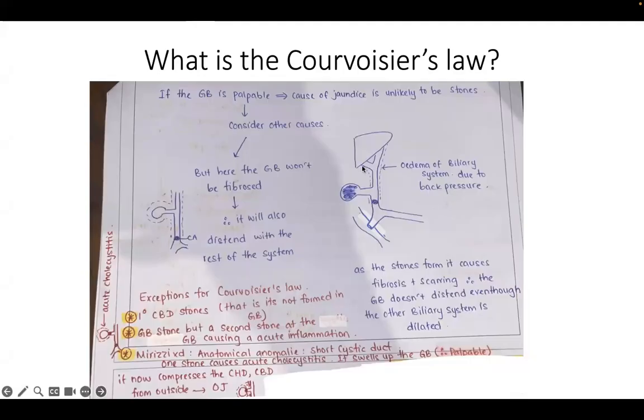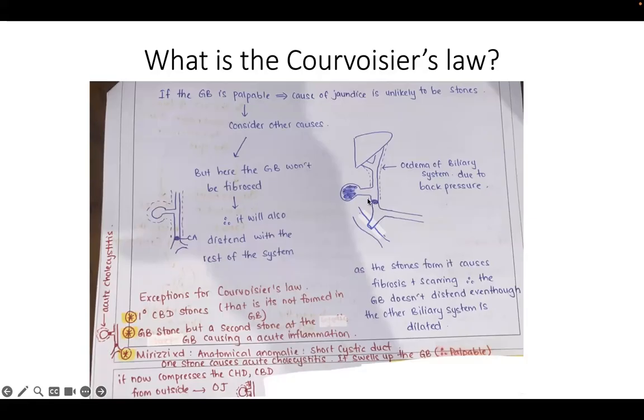So what is this law? If the gallbladder is palpable, the cause of jaundice is unlikely to be stones, so you need to consider other causes. Here the gallbladder won't be fibrous, therefore it will also distend with the rest of the system. Like you can see here, when you have your obstruction, this whole system will get distended.